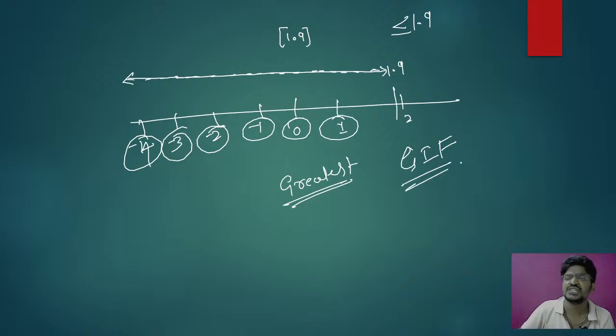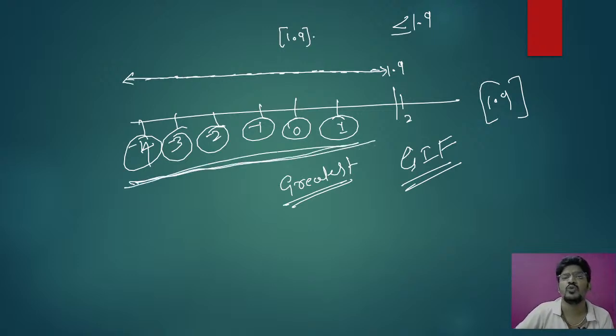That means the greatest integer of 1.9. So can you tell me the answer? Among all these, what is the greatest integer of 1.9? Quickly tell me. Very good. So this is 1. That means the greatest integer of 1.9 is 1.